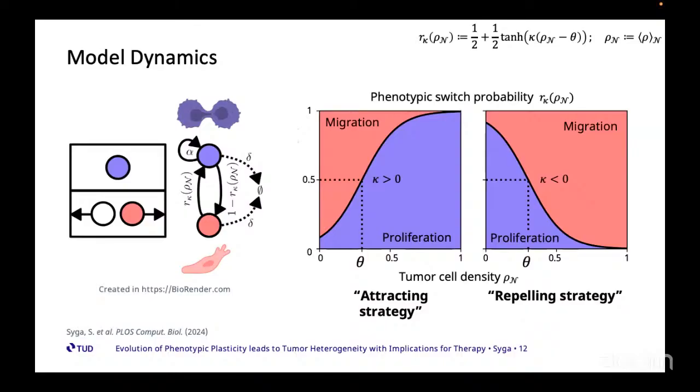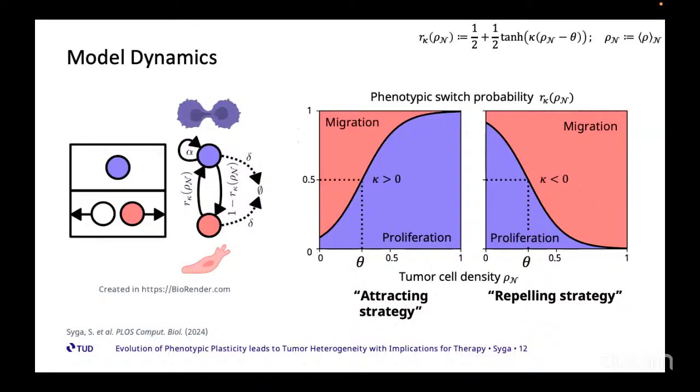And then there is one other parameter, which I call theta here, which is just a value where you have equal chance of both phenotypes. And if we think about nutrients as causing this phenotypic transition, then you can think of theta as the global nutrient supply, because it would mean if you have a lot of nutrients, then the cells would only feel the deficiency of nutrients for very high tumor cell densities, and vice versa.